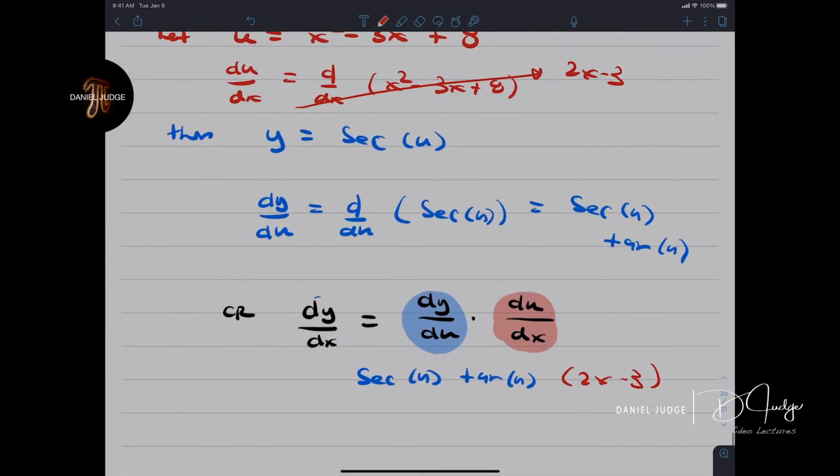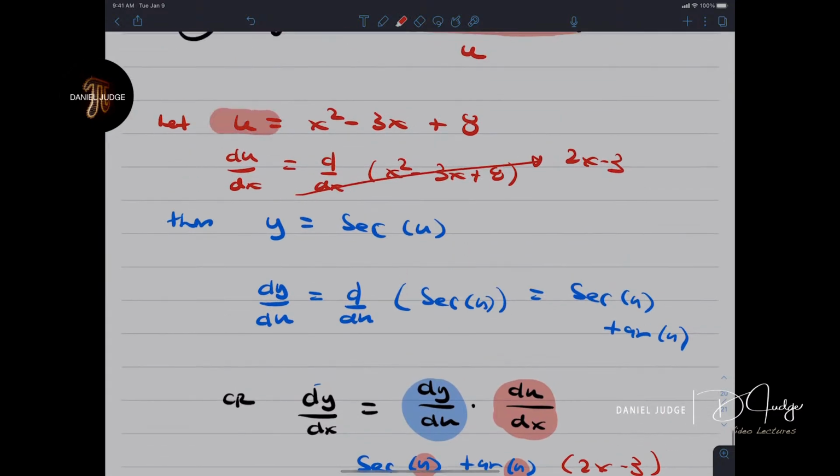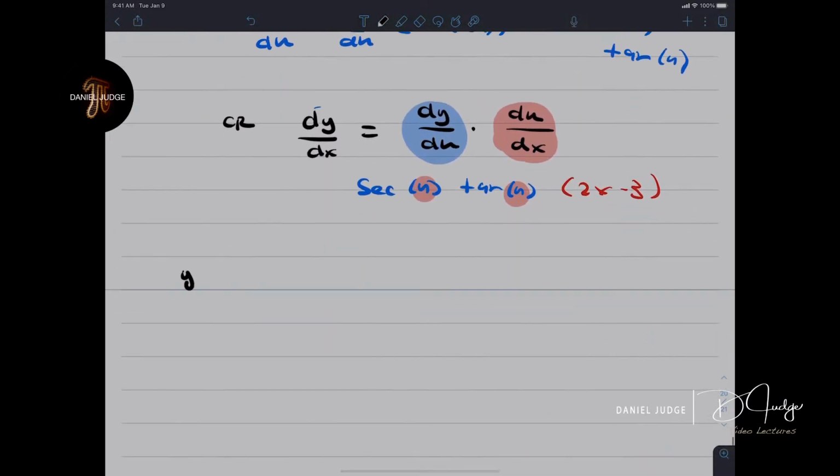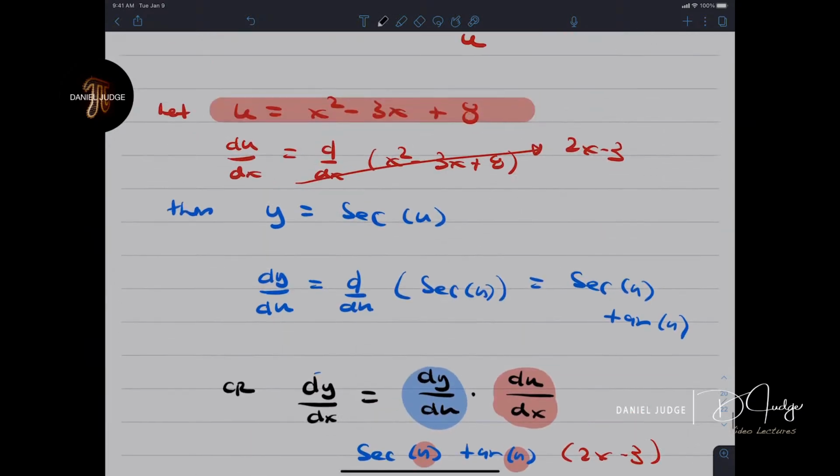So don't forget what u is. U here is x squared minus 3x plus 8. Secant of u, x squared minus 3x plus 8.